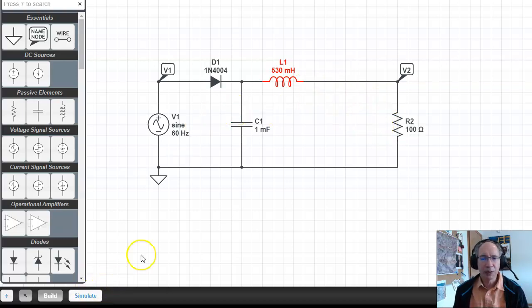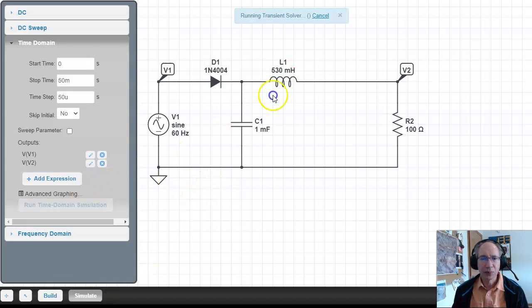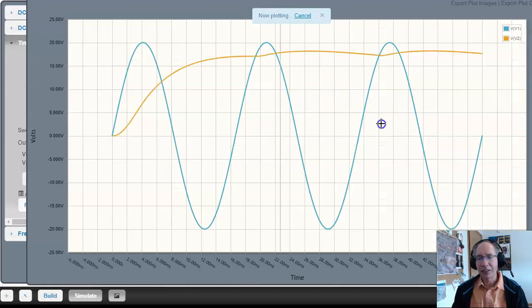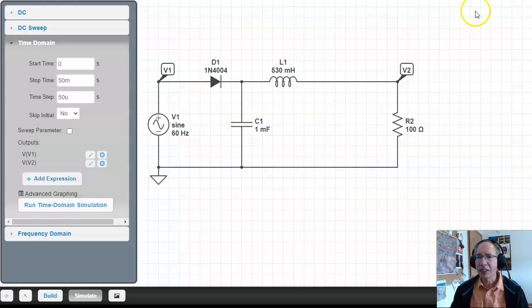So now if I simulate it, jωL is 100 at AC. By voltage division, it's half as big. And I've got my starting transient, then it settles out. When I simulate, let's start at 50 milliseconds, trying to get out of the starting transient, and run it for another 50 milliseconds.